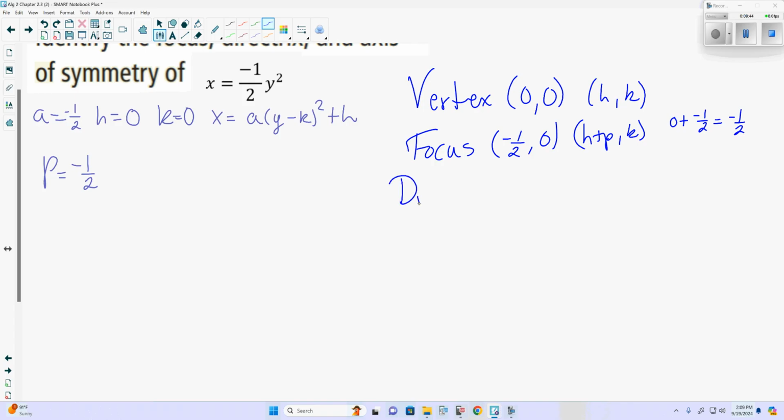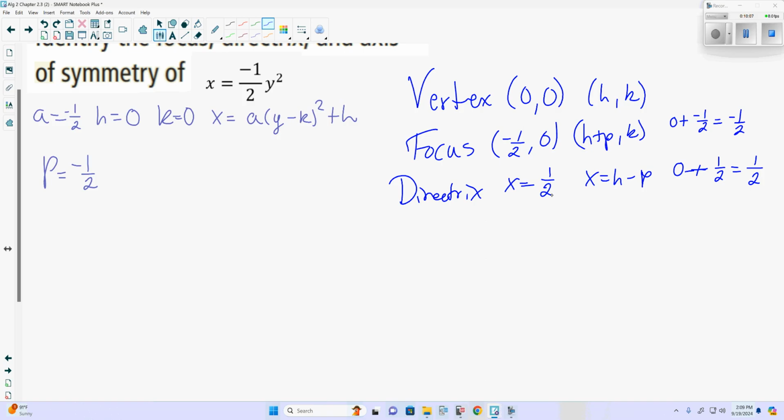Directrix. X is equal to h minus p, which would be 0 minus negative 1/2. Our minus a negative makes a plus, giving us positive 1/2.